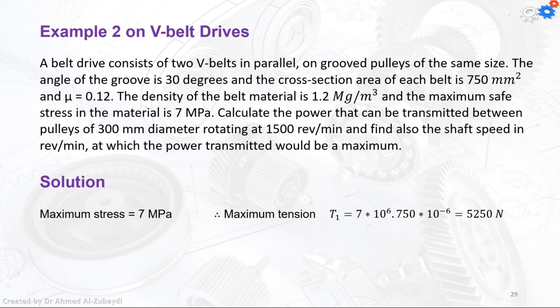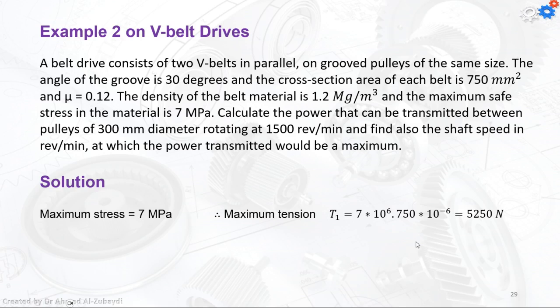That's the density. The maximum safe stress of the material is 7 megapascal. We need to calculate the power that can be transmitted between the pulleys of 300 millimeter diameter rotating at 1,500 revolutions per minute, and find also the shaft speed in revolutions per minute at which the power transmitted will be at maximum.